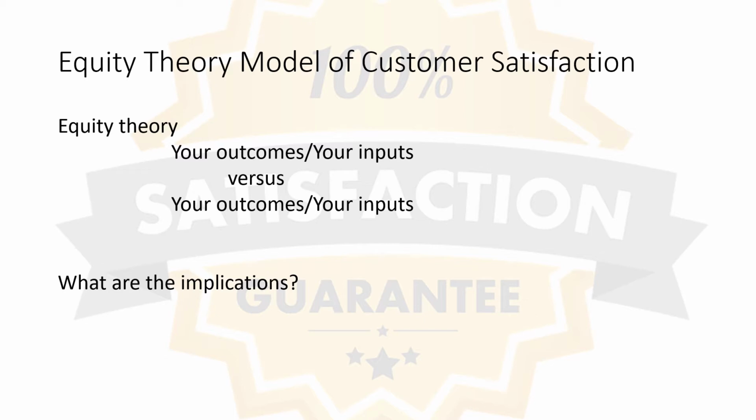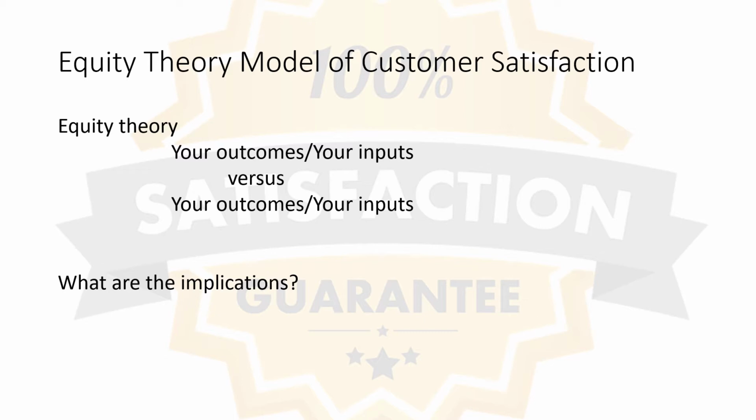So the equity theory approach really has to do with me comparing my inputs, that is my costs, with my outputs, that is what I got in return for that money, compared to your inputs, costs, and your outcomes, that is what you got for your money.